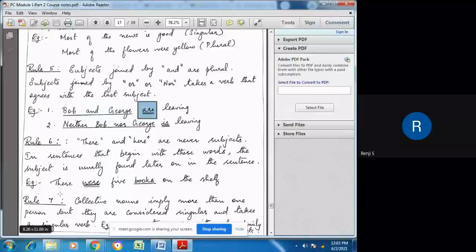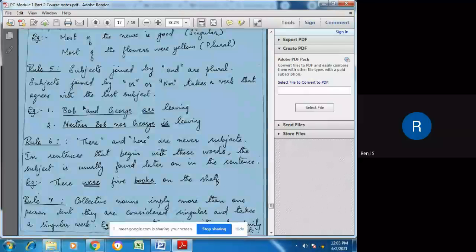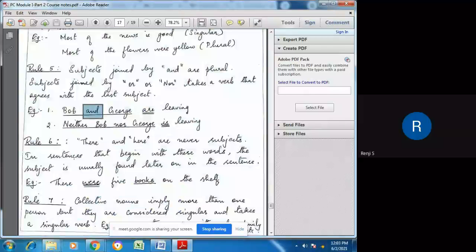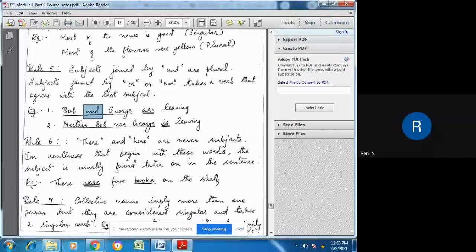So subjects joined by and means the verb should be plural, because here we have two subjects and more than one subject is there. So if there was only one subject, it is singular. Since we have more than one subject joined by and, then the verb is plural.